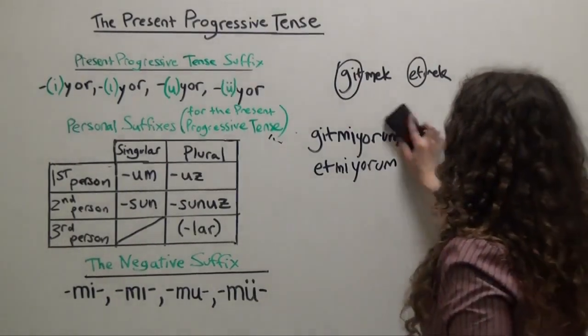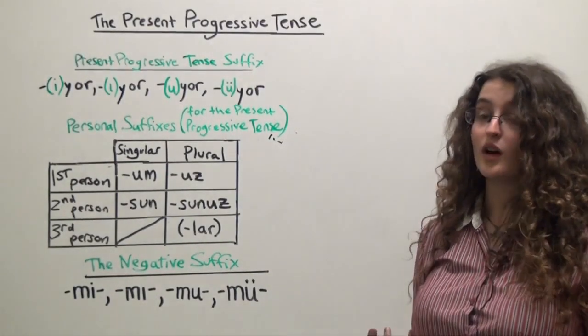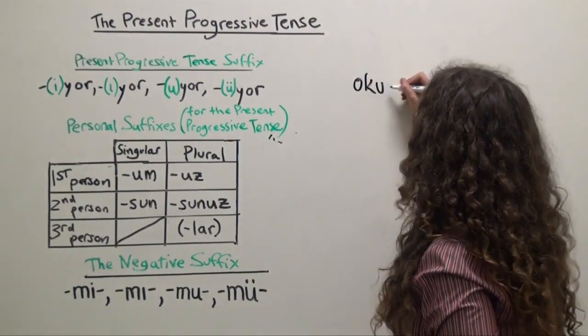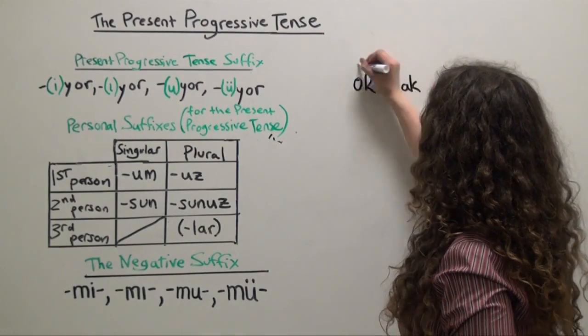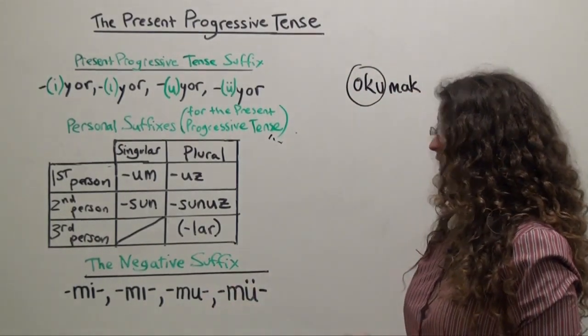Now, if you're forming the present progressive tense in the negative with a verb whose stem ends in a vowel, like okumak, to read, take the verb stem and simply add the appropriate version of the negative suffix.